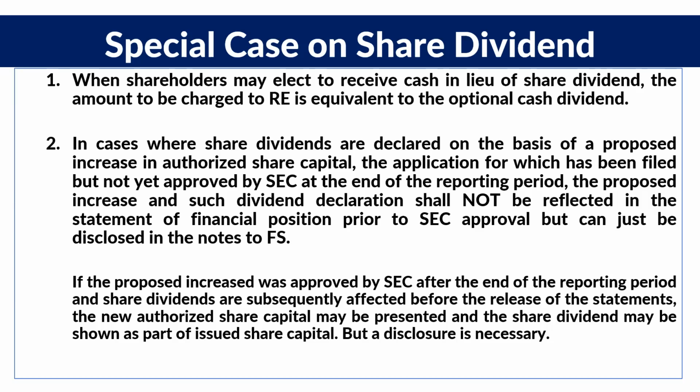Now, if that is not yet approved by the SEC, take note that such dividend declaration shall not be reflected in the statement of financial position prior to SEC approval. But it can just be disclosed. We disclose it in the financial statements, but we cannot reflect it as part of dividends payable.